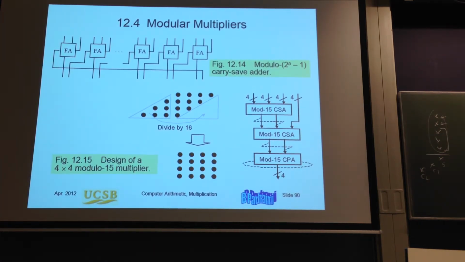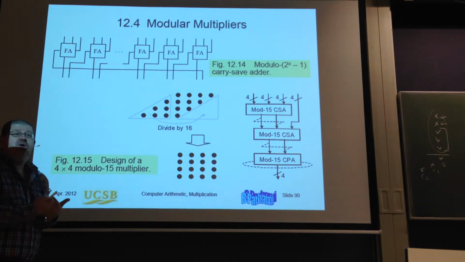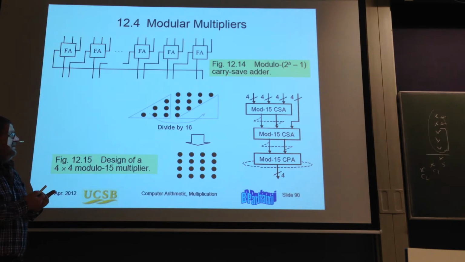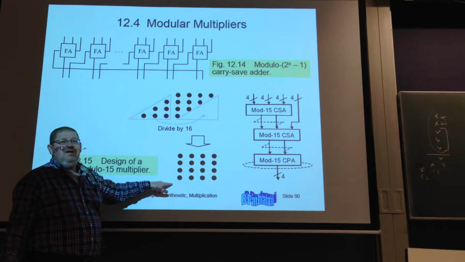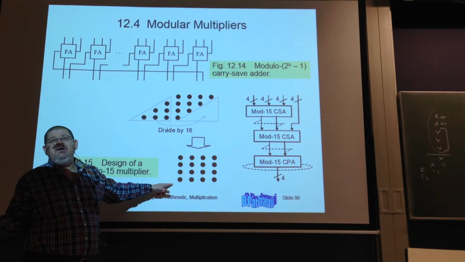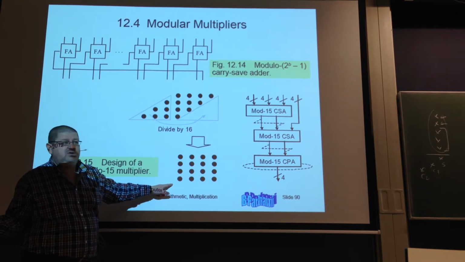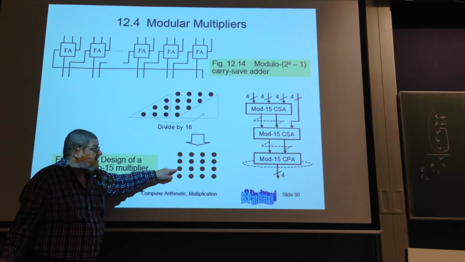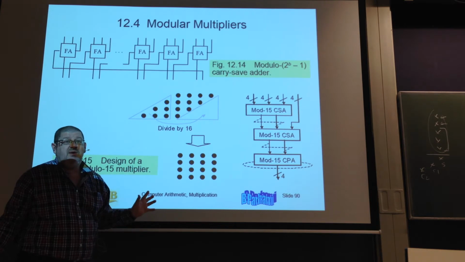And now, what do I do? I have a corrected partial product matrix, and I have to make a reduction in order to obtain the right number, modulo 15. I have 4 rows. I know full adders, right? And I apply carry save addition, but now it's carry save addition with end-around carry.